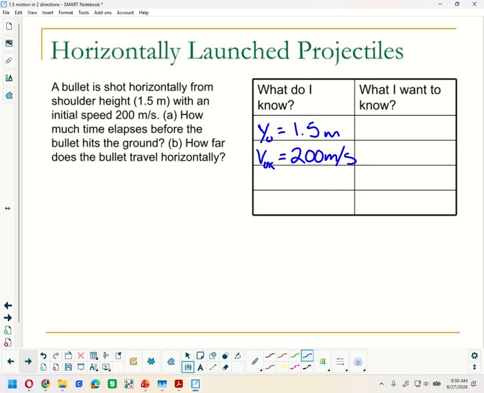Yes? No, maybe? Okay, so part A, what are we looking for part A? Very good, and that is letter T. Part B, what are we looking for part B? Yeah, which displacement?